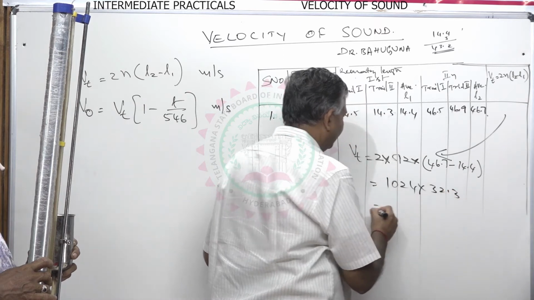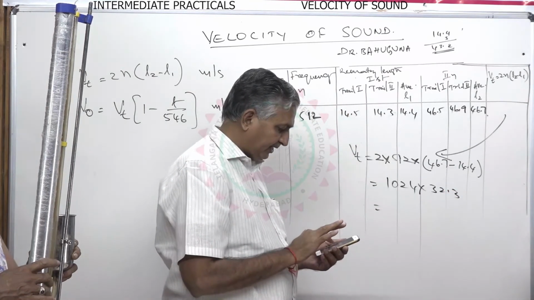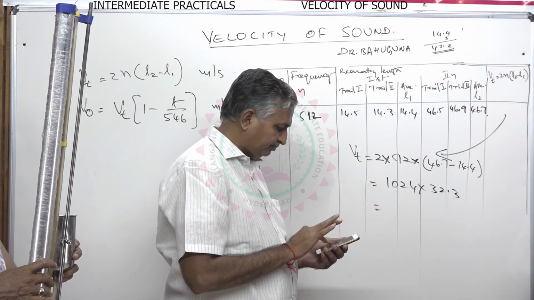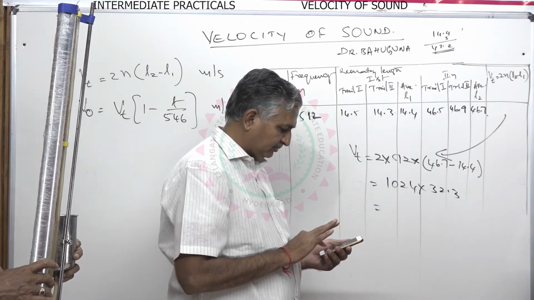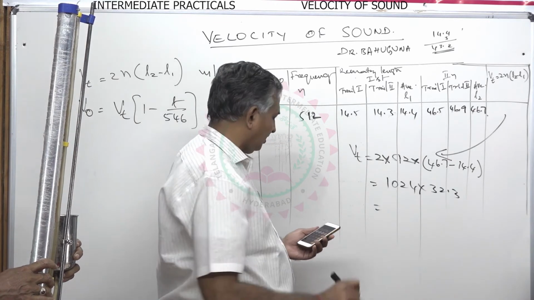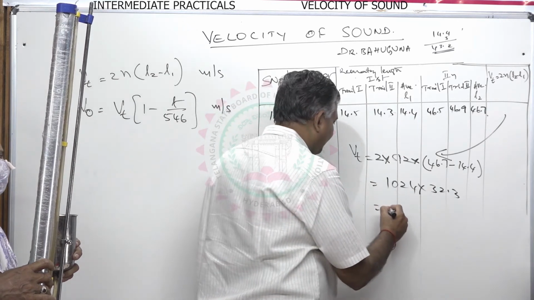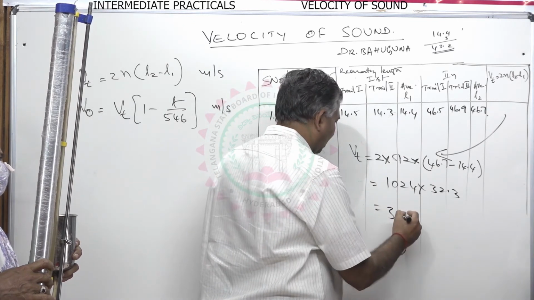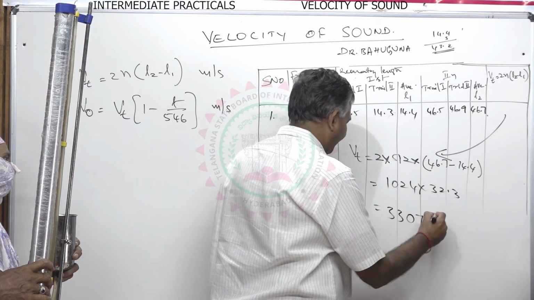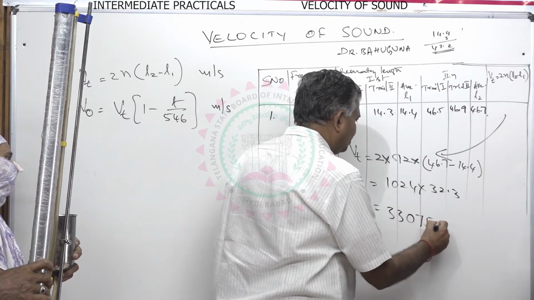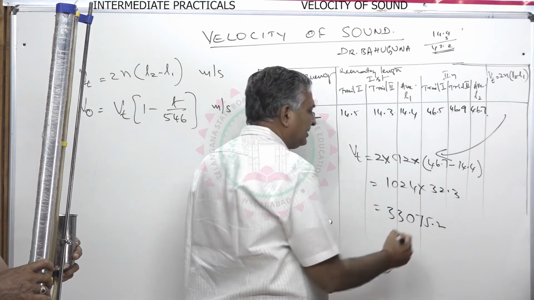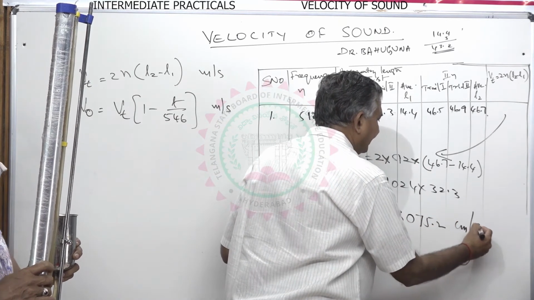We multiply this with 1024. That is coming as 33,075.2. Now it is in centimeters per second.